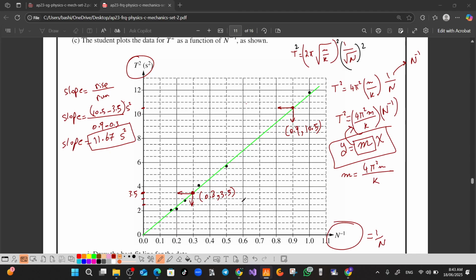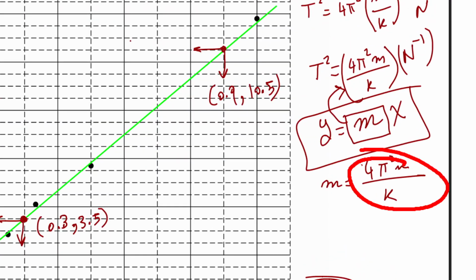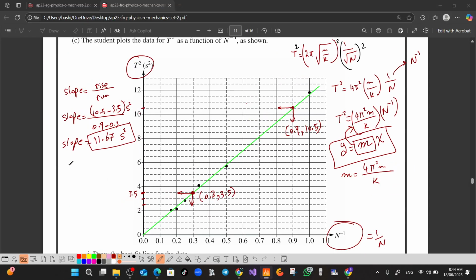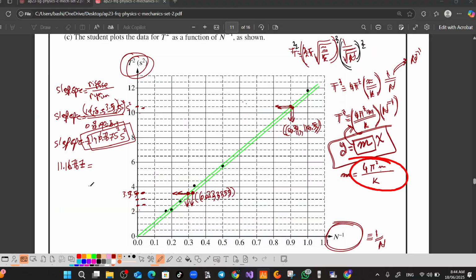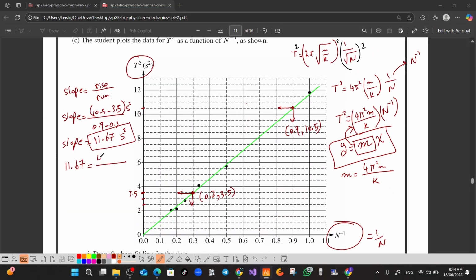Now, we have the slope, and we know that the slope is equal to this relationship. So let's replace the slope with the corresponding value. And don't forget that it's equal to 4 pi squared mass over k.